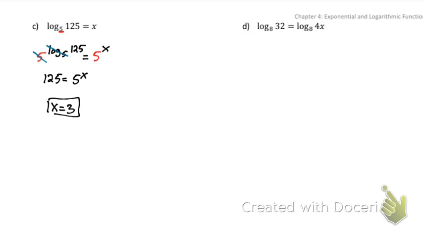Last one's actually the one-to-one property. Just like with exponents, if I have log base 8 of 32 equals log base 8 of 4x, that must mean that 32 equals 4x. But algebraically proving that, to get rid of log base 8, I would need to raise this to a power with base 8.